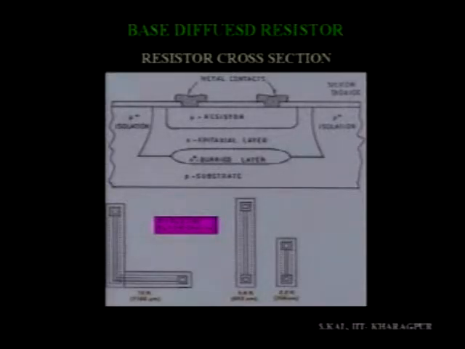The emitter diffusion is a high concentration diffusion, N plus region, and the base is moderate concentration. So high concentration means the resistance value will be very low, and the low concentration base will give you high values of resistance.